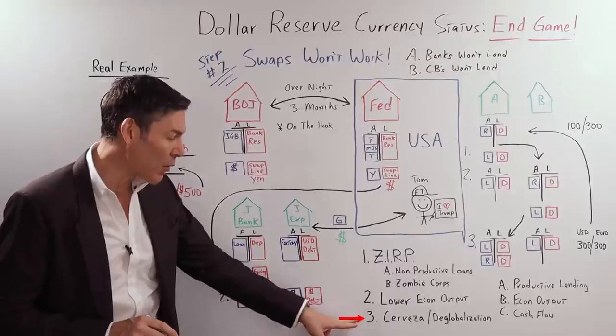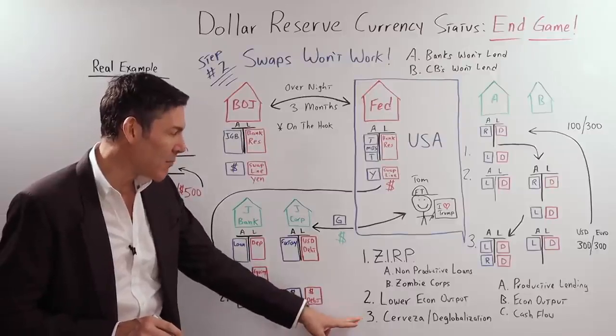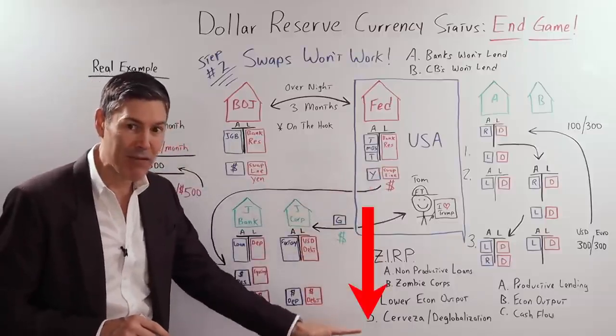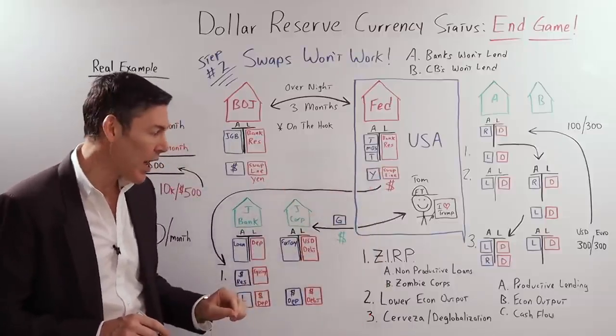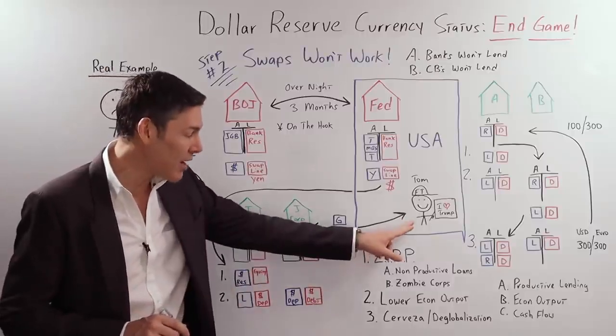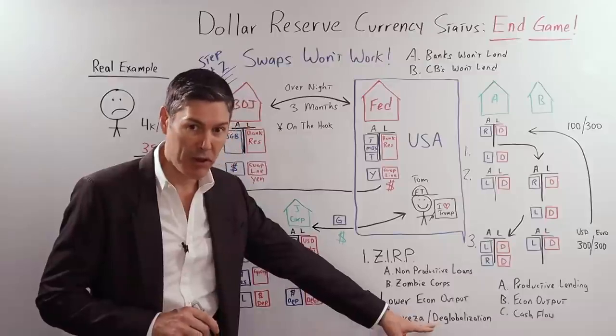And of course, now we have the cerveza sickness, meaning the amount of global economic output is decreasing even further, and we have a narrative politically and socially in the United States for deglobalization.